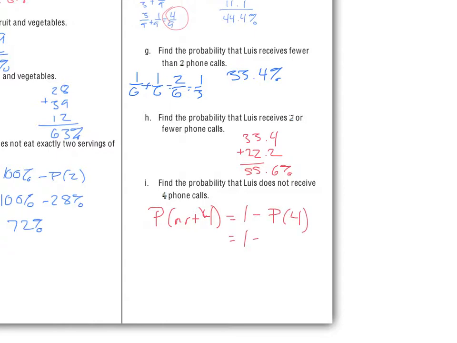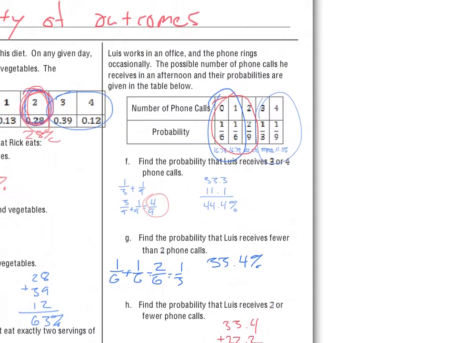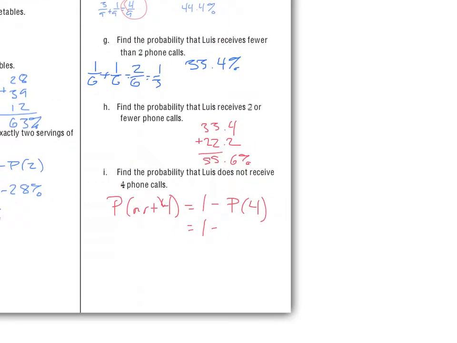So the probability of 4 phone calls is 11.1%, or let's do this in percents. 100% minus 11.1 is going to give me 88.9%. All right, let's go ahead and flip on over to the other side.